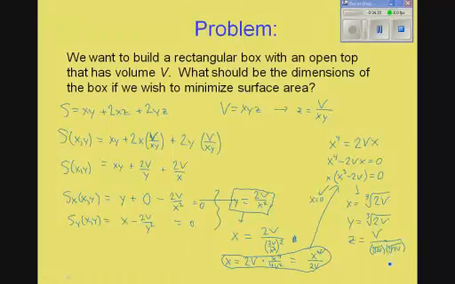If I work that out, I get the cube root of v in the numerator over the cube root of 4, but you can multiply by cube root of 2 over 2. So if you simplify, the cube root of 2v over 2.